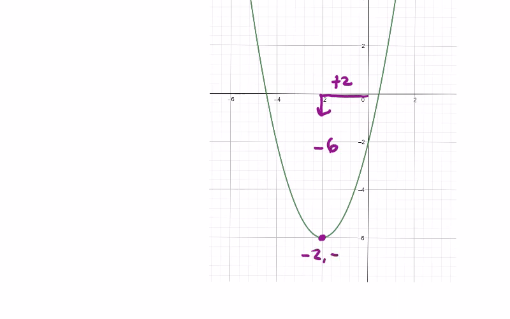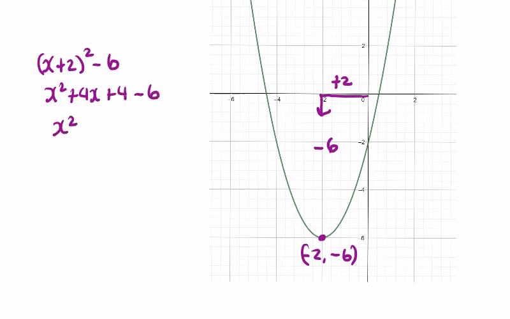So minus 2, minus 6 would lead us to a quadratic that would be x plus 2 to be squared minus 6, which would be x squared plus 4x plus 4 minus 6, which would be x squared plus 4x minus 2. Complete the square of this one. x plus 2 to be squared gives x squared plus 4x plus 4.